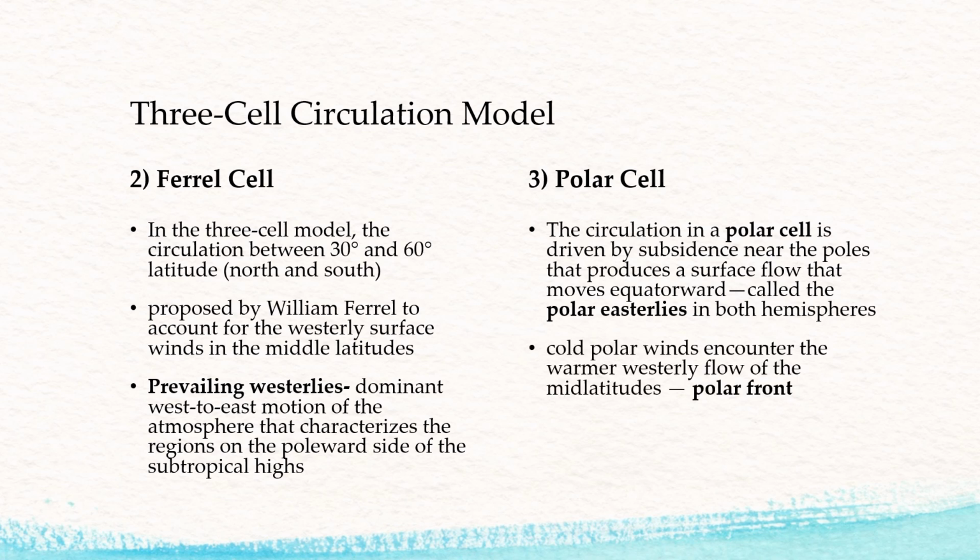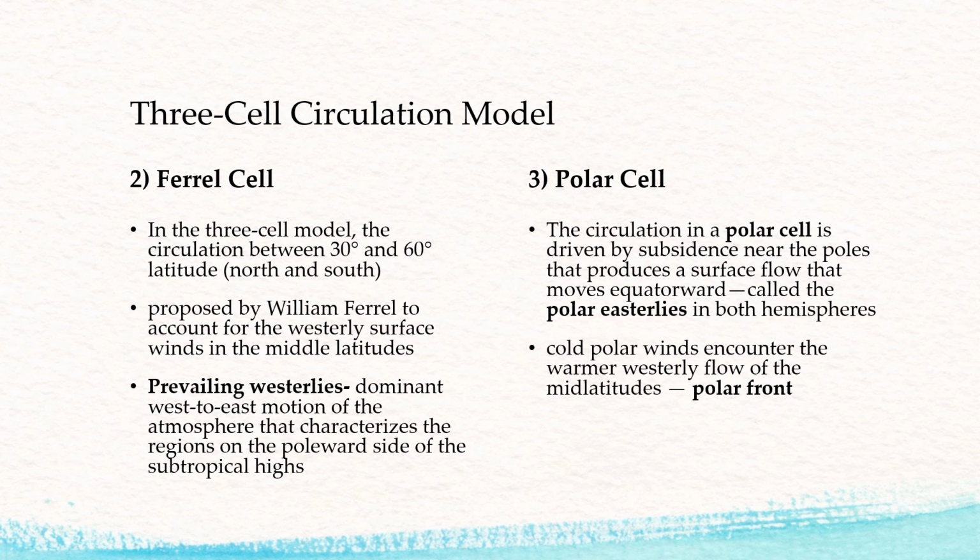These cold polar winds encounter the warmer westerly flow of the mid-latitudes. The region where the flow of cold air clashes with this warm air is named the polar front. The polar cell is called polar cell because it happens at the poles, and it's mostly driven by the subsidence of the air near the poles.